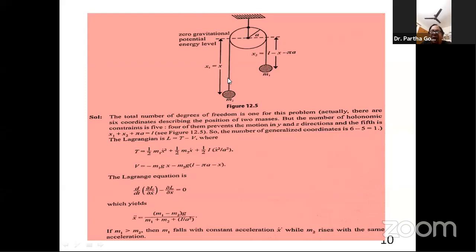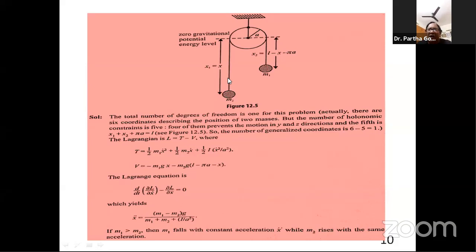So I believe these are the tips on how to apply the Euler-Lagrange equation to solve small problems of mechanics. You will not get very big complicated problems. There are only 3 to 4 steps: identification of the generalized coordinates, writing down the kinetic energy and potential energy, and then writing down the Lagrangian.